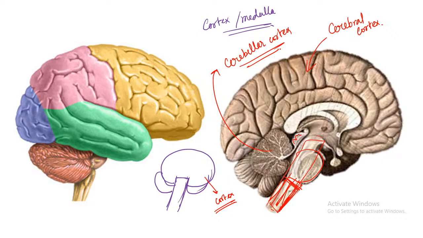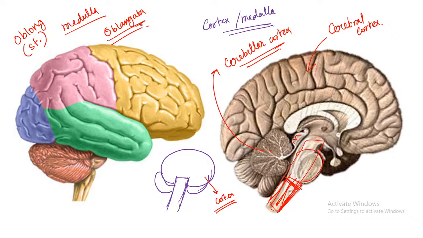But the third part of the brainstem is very straight, like a pillar. That's why it is known as the oblong medulla. Oblong means straight, and from that comes the name medulla oblongata. Okay, I hope this is clear. So now we are clear with the brainstem part of it, right?